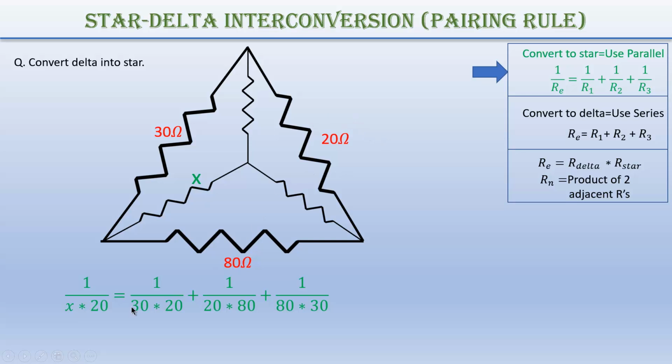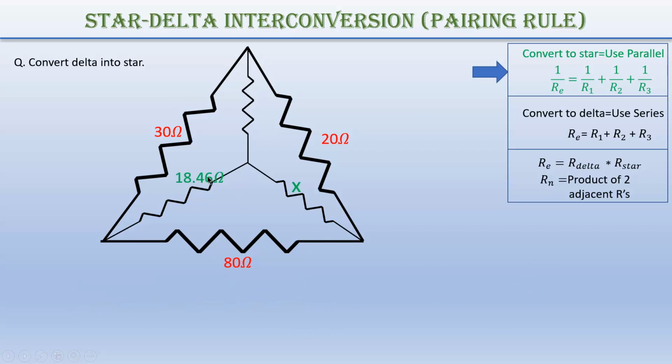So we write the product of 30 and 20 here. Similarly, taking 30 ohm as a resistor, the adjacent resistors will be 20 ohm and 80 ohm, so we put 20 and 80 over here. Similarly, taking 20 ohm as our resistor, the 80 ohm and 30 ohm will pair to form this. So by solving this equation, we can get X equals 18.46.